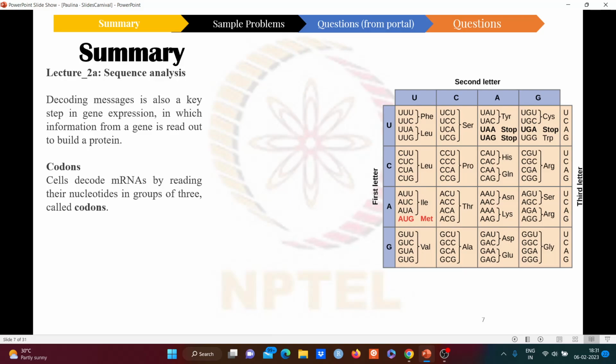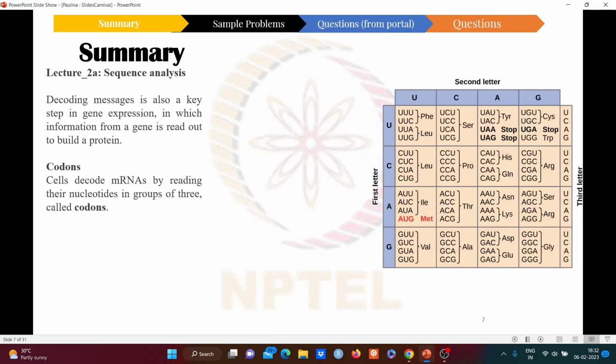Six, sir. Yes, there are 6 ways. When you observe the first box, we see the last 2 codons for leucine, and in the second box, which starts with a C, all 4 of them code for leucine.